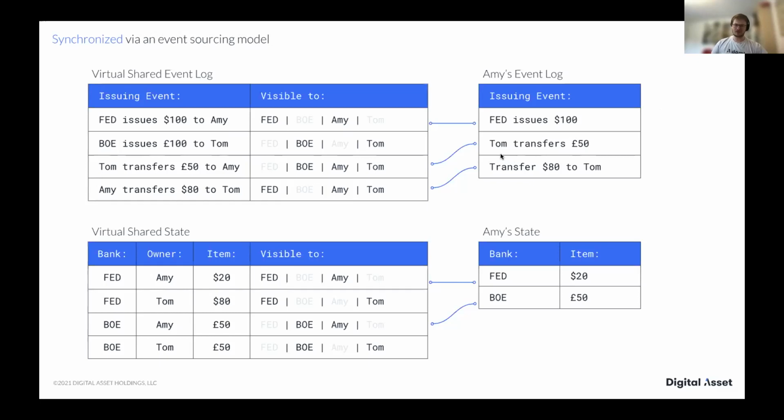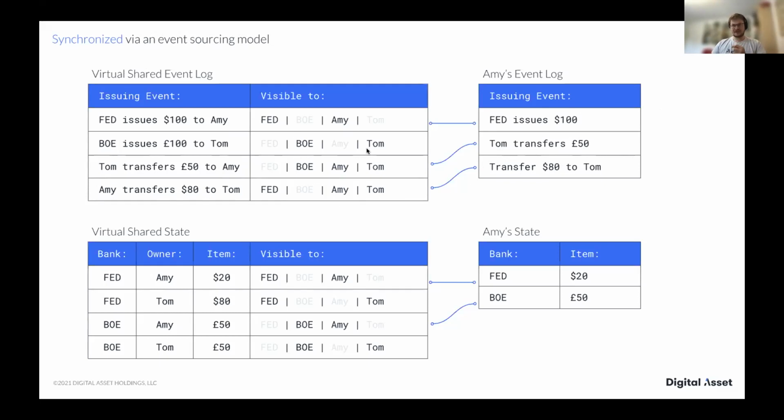So the Fed issued her $100, Tom transferred her $50, and then she transferred $80 back to Tom. And we can guarantee that if you had Amy's event log and Tom's event log and the Fed's event log and the Bank of England's event log here, you could reconstitute those into a consistent virtual shared event log. Here indicated with which parties see which of these events.